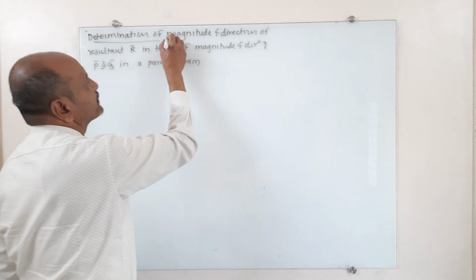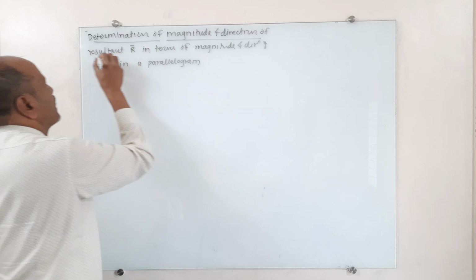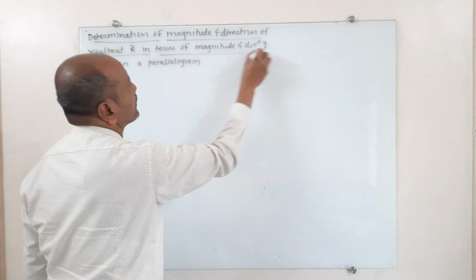Means here we are going to determine magnitude and direction of R bar in terms of P bar and Q bar.